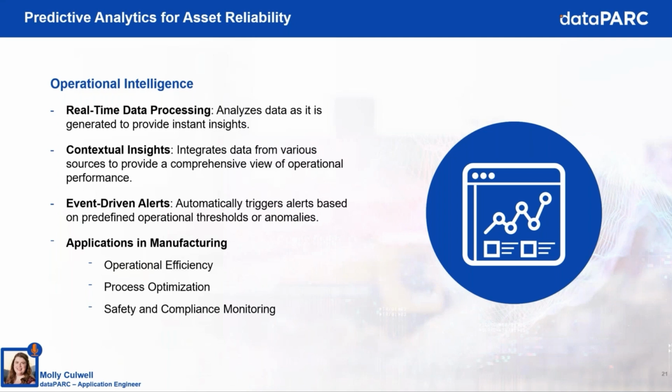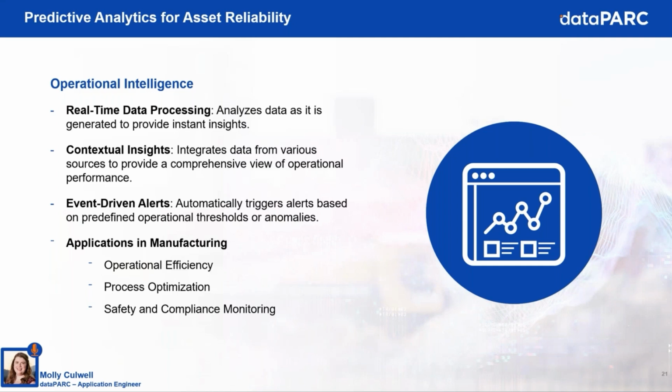Some example applications for operational intelligence within manufacturing could be operational efficiency, monitoring performance metrics against a benchmark or a limit to help identify deviations and potential equipment issues. So if that value is starting to trend outside of a line or a limit, you could get an alert or identify something is going wrong.